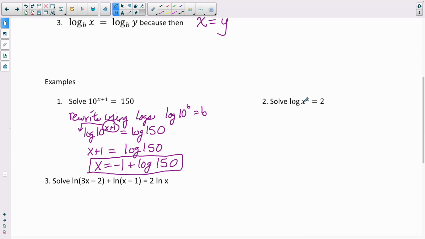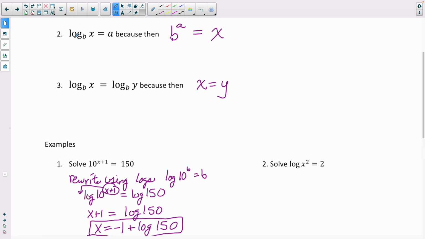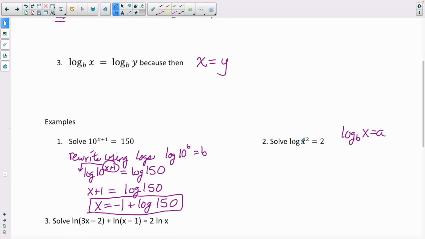For number 2, log of x squared equals 2. So this looks like number 2 form, right? Log base b of x equals a. So you have to remember here that log base 10 of x squared equals 2. So this means that 10 to the second power equals x squared.